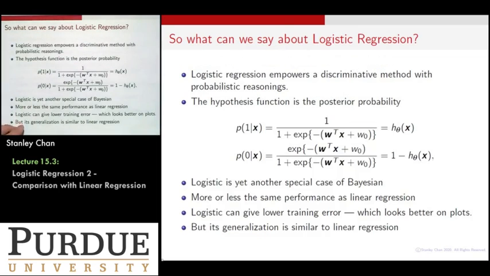So what can we conclude about this comparison is that what logistic is really buying you is the probabilistic interpretation. That's the only thing that it offers you. Does it really buy you better performance? According to these 4 case studies, it does not appear so.